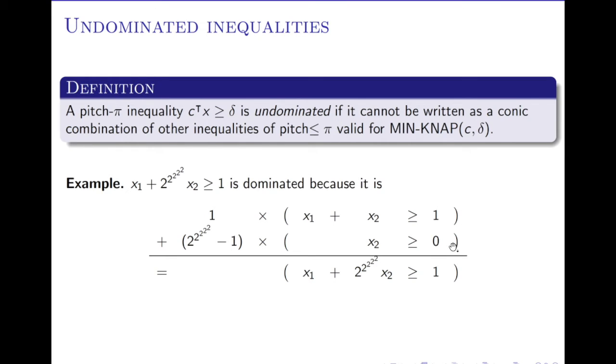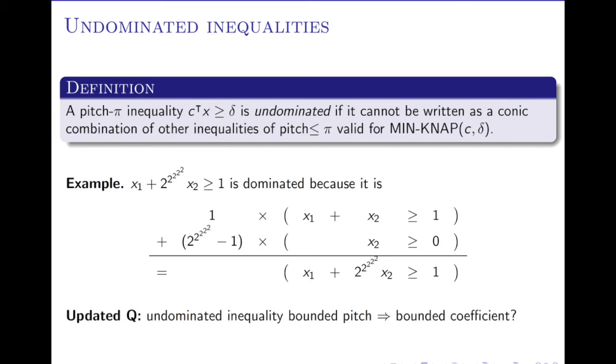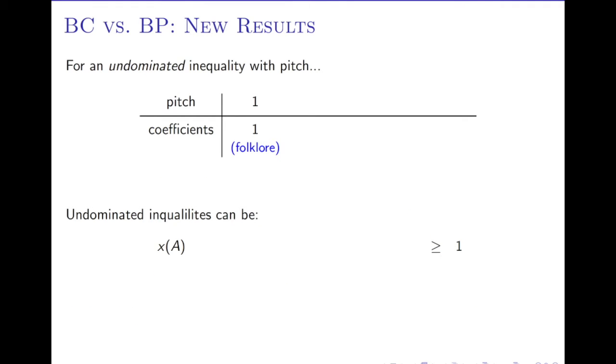Now we can ask a slightly smarter question: if you're given an undominated inequality with bounded pitch, does that mean it has bounded coefficients? The answer is a little bit more complicated than a trivial yes or no. It is folklore that an undominated inequality with pitch 1 can only have coefficients 0 and 1, and they will take the following format. It is shown in Beanstalk et al. that if the inequality has pitch 2, then its coefficients are bounded by 2, and they can take the following form.